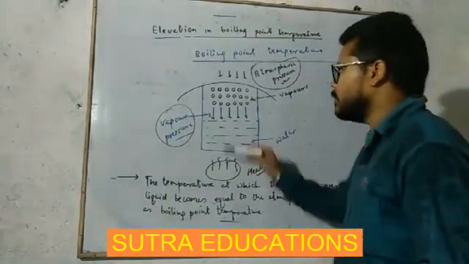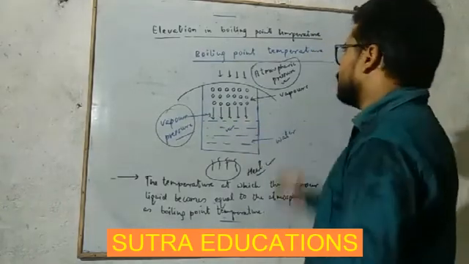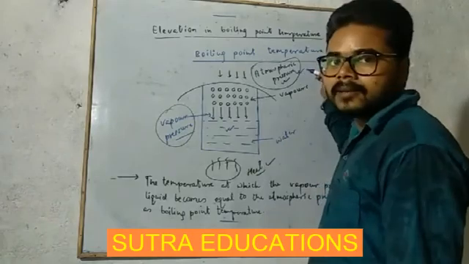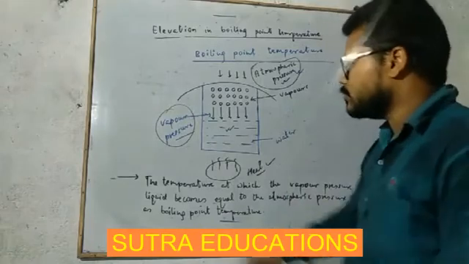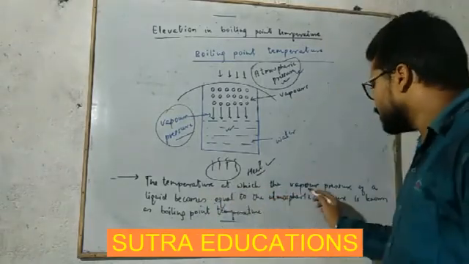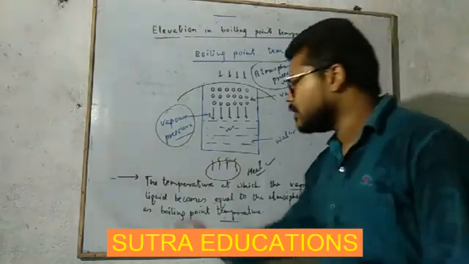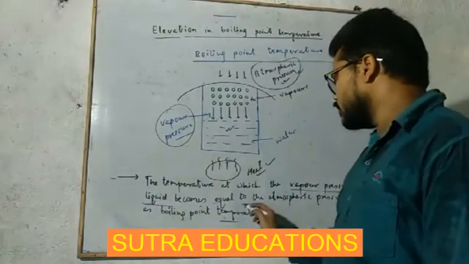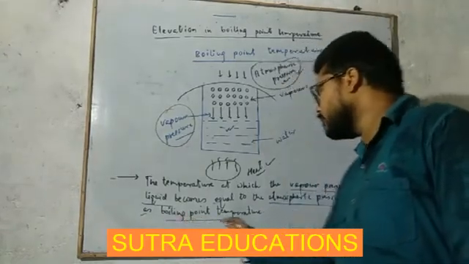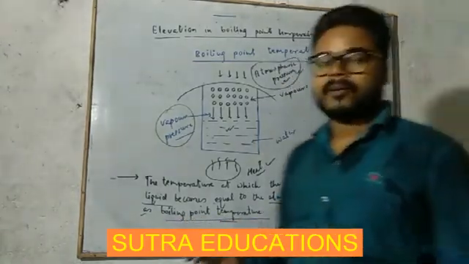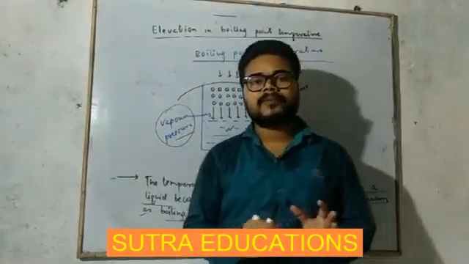When vapor pressure of a liquid becomes equal to the atmospheric pressure, that temperature is known as boiling point temperature. So the temperature at which the vapor pressure of a liquid becomes equal to the atmospheric pressure is known as boiling point temperature. Okay. Now we have understood what is boiling point temperature.